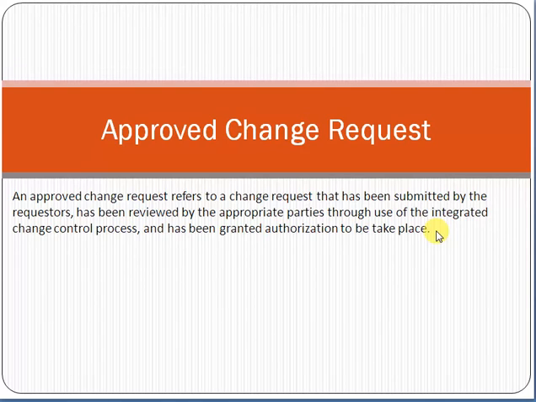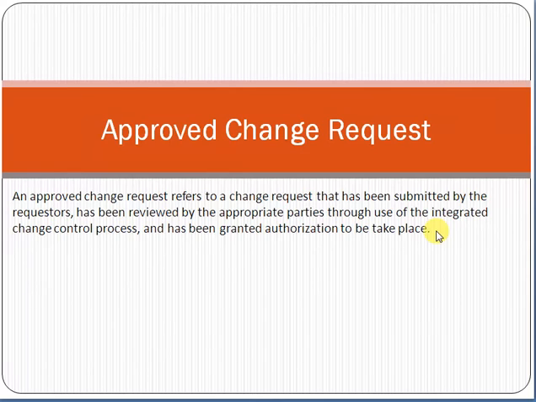For example, initially as per the agreed scope of work, you have to deliver 5 modules in 5 months, so the baseline was 5 months. Once the additional module has been approved through an approved change request by the customer, now as per your revised schedule, you have to deliver 6 modules in 6 months. So your baseline would be revised and your performance indicator would also be revised.